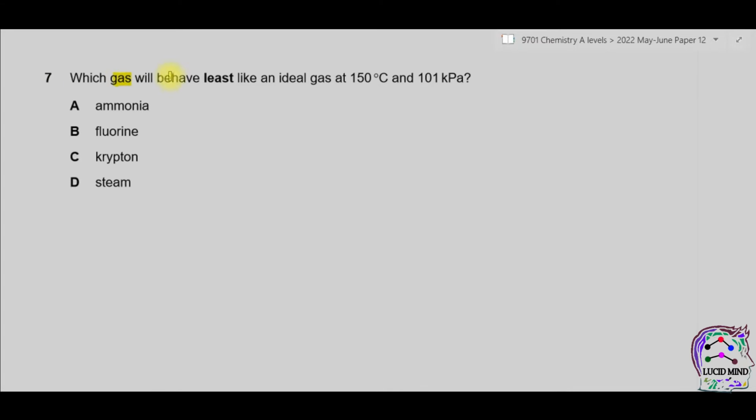Question 7. Which gas will behave least like an ideal gas at 150 degrees centigrade and 101 kilopascals? Now we can rephrase this statement. Least likely an ideal gas means the gas with the most intermolecular forces.